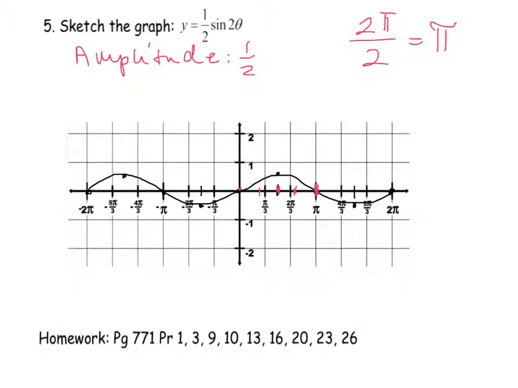So I'm going to start at 0, and here is where I'm going to have 1/2. Then I have 0 again, and then I have -1/2 and 0. So now I can graph my graph like that.